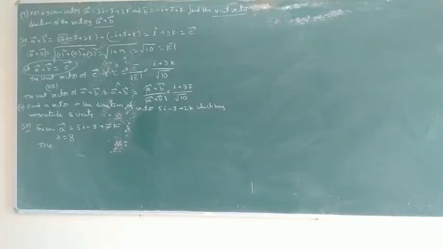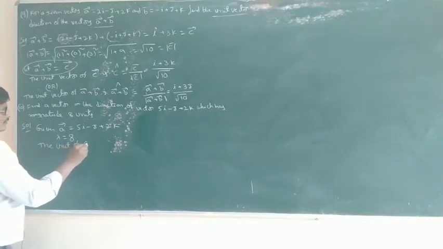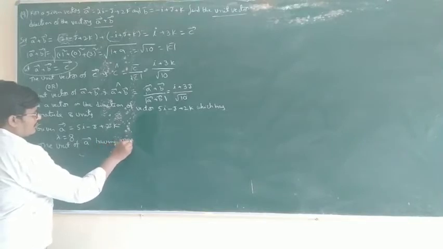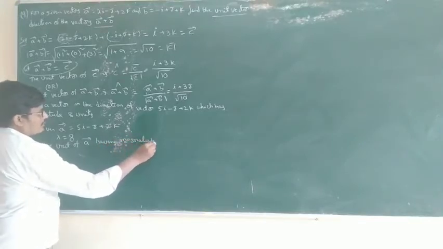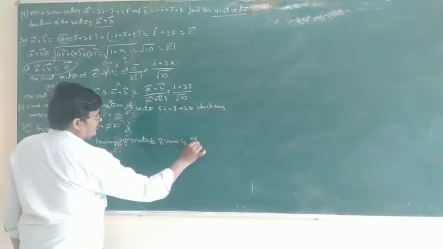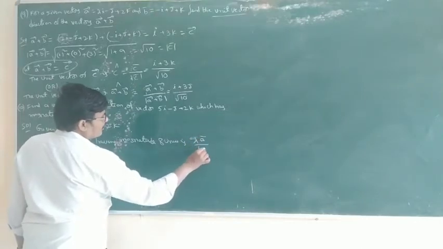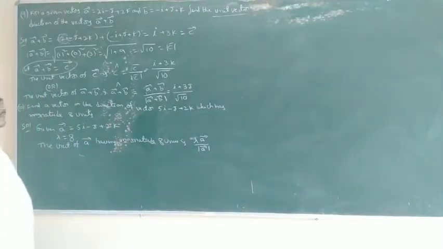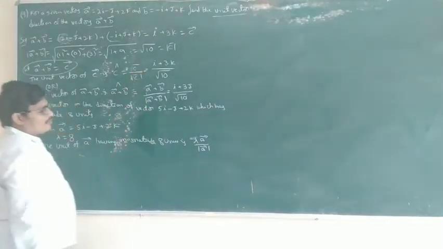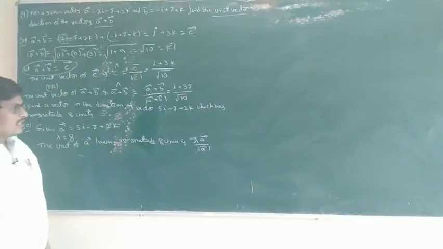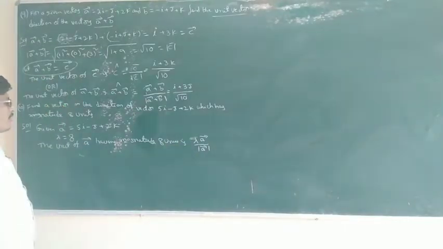Find a vector means find a unit vector. The unit vector of a bar having magnitude 8 units is lambda into a bar by mod a bar. The normal unit vector formula is a bar by mod a bar, c bar by mod c bar. Since the magnitude is given, it is taken as lambda.